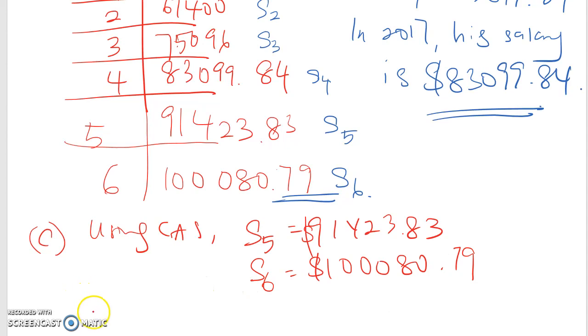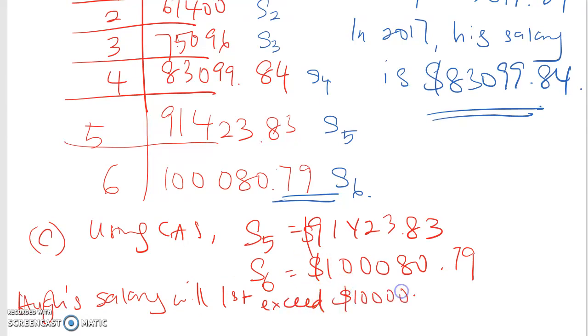And we can write down that Hugh's salary will first exceed $100,000 in the 6th year. And that's our answer, and that's how we do question 25.